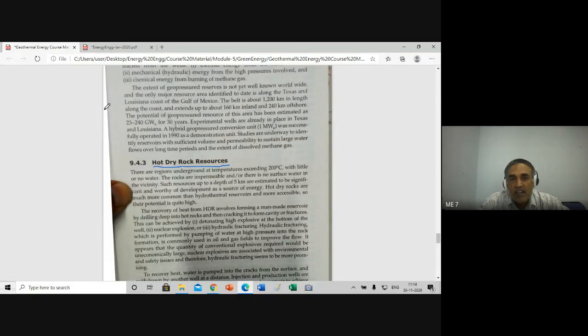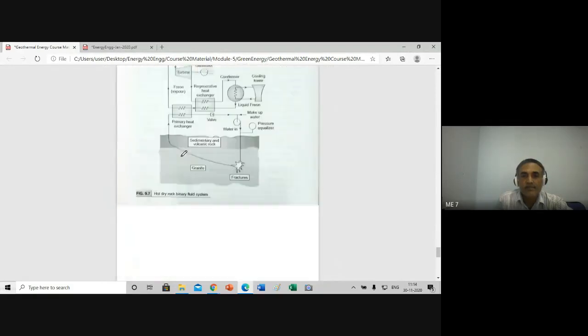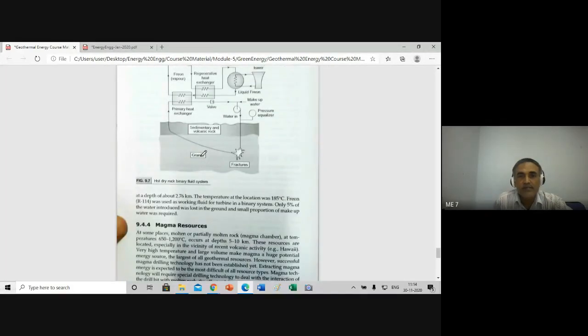Now, how can this hot dry rock resource be utilized for production of power? Let us see with a sketch. Look at this. First, this portion is sedimentary and volcanic rock.